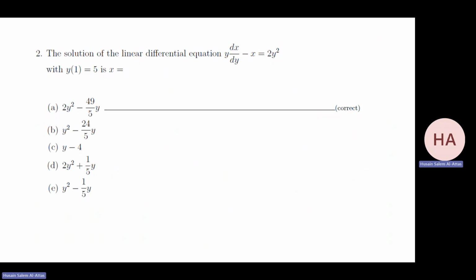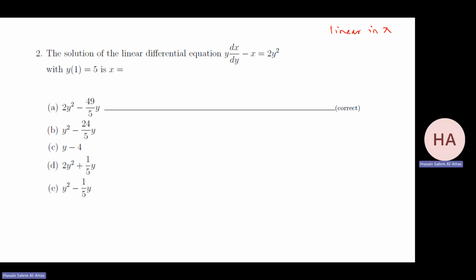Remember, in one exam we brought this. But in our exam, we don't have true or false. We have only multiple choice. The solution of the linear differential equation with y of 1 equal 5 is x equals. It seems this one is also linear in x.